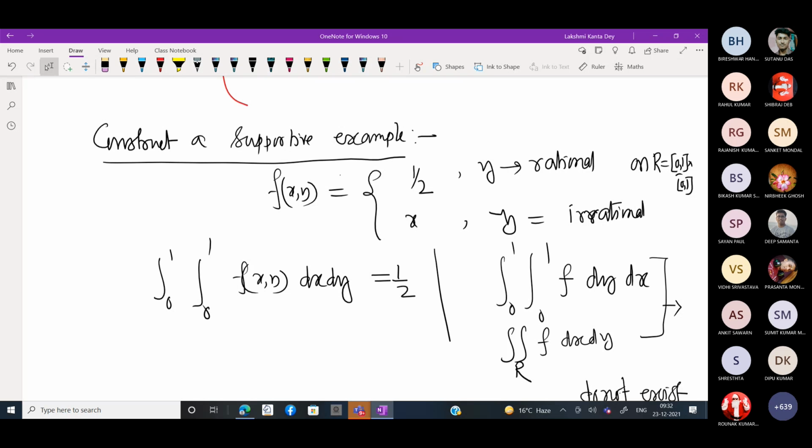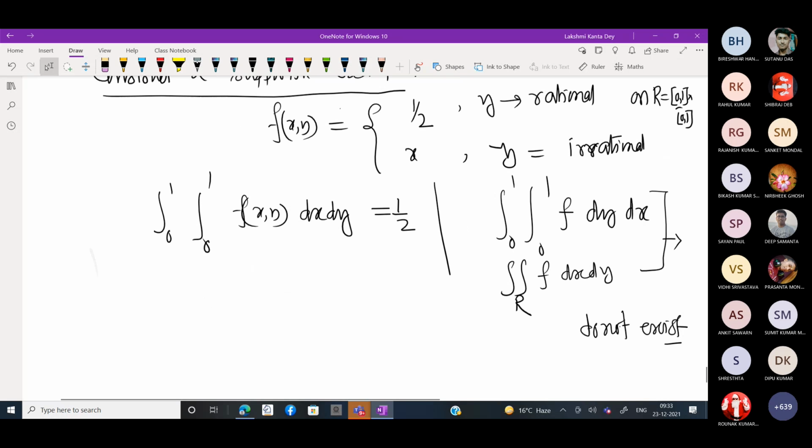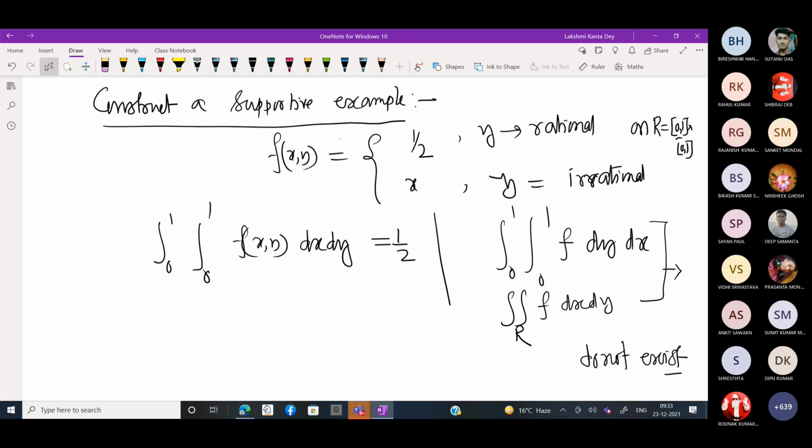So the function is having discontinuity at uncountably many points, a set whose measure is more than 0. That means it is a positive measure. Therefore, we can say that f is not integrable.